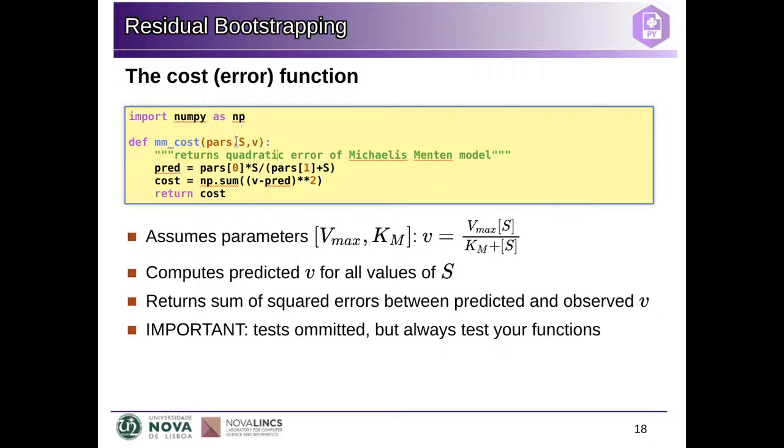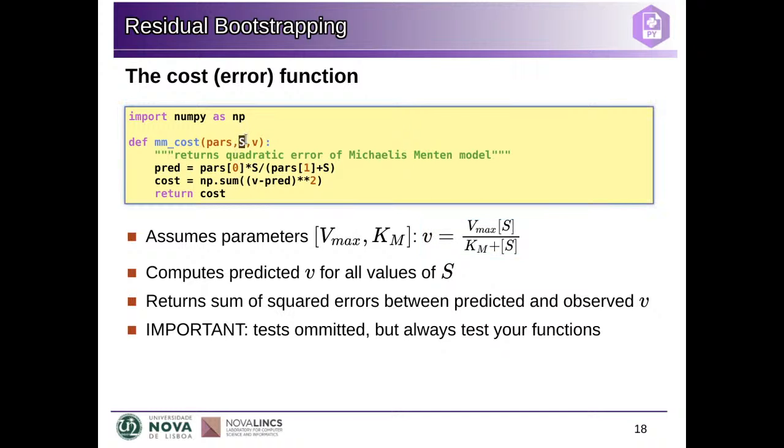So if we have a set of values for the substrate concentration and the parameters for our curve, so this Vmax and Km, we can compute what would be the predicted initial velocity for each concentration value.